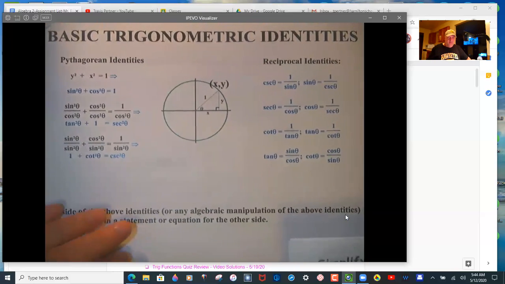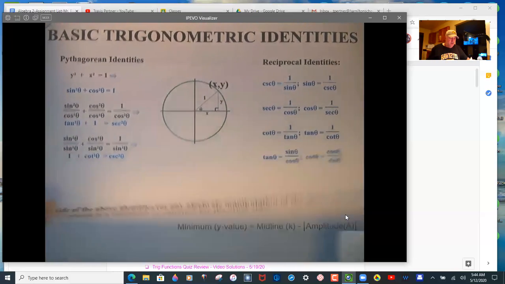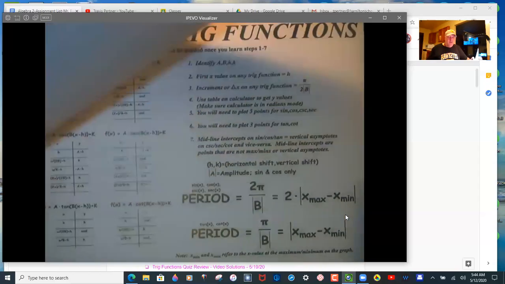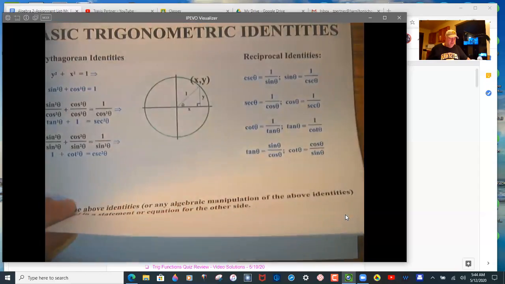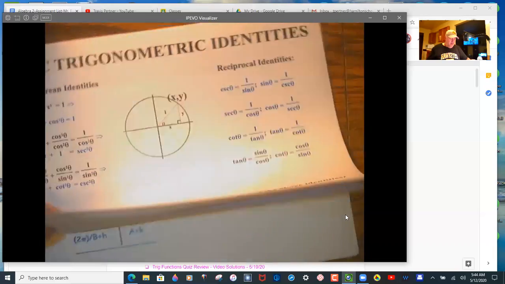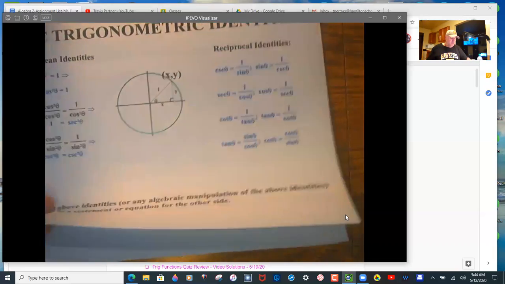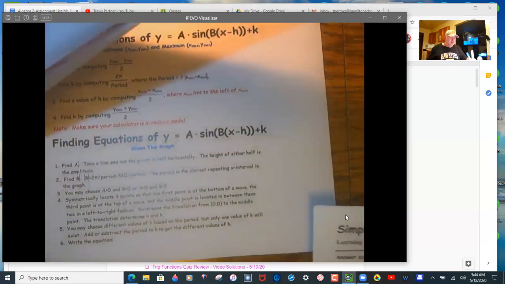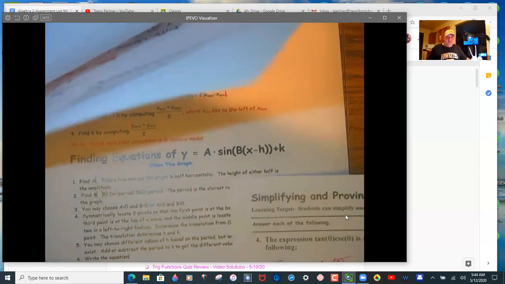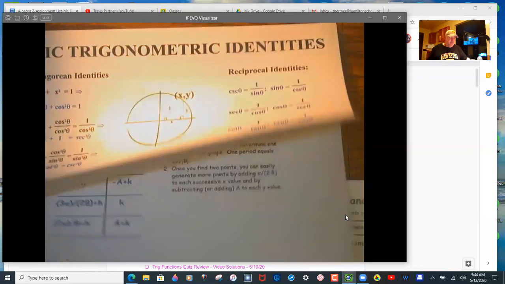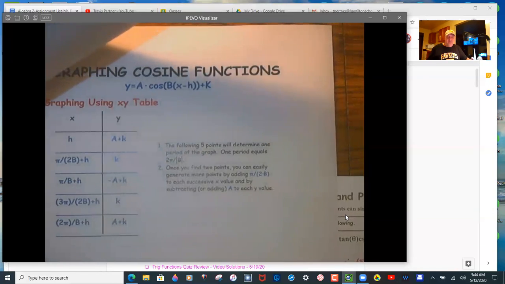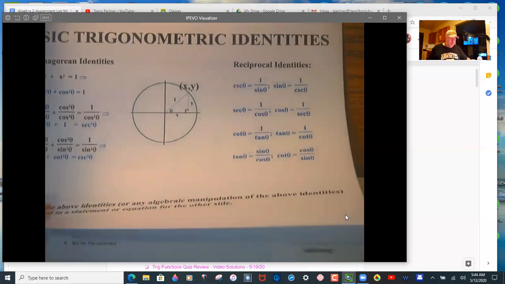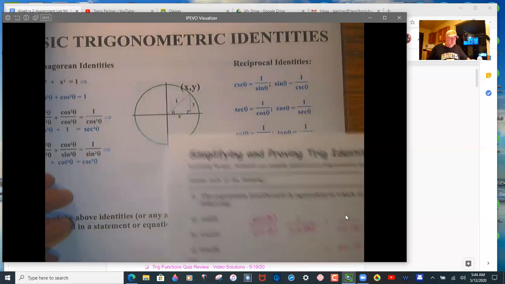So you're going to want to refer to this page, and you're actually going to want to print out the rest of these notes, probably up through the 2 tables, and then the rest of this material, when you get to this, you can probably not print that, but just up through the graphing cosine functions, that will be good to refer to.